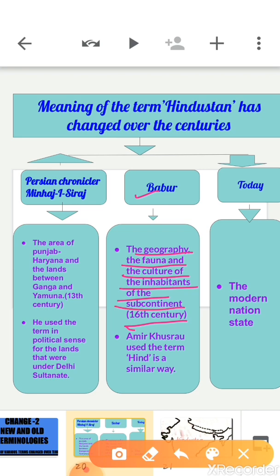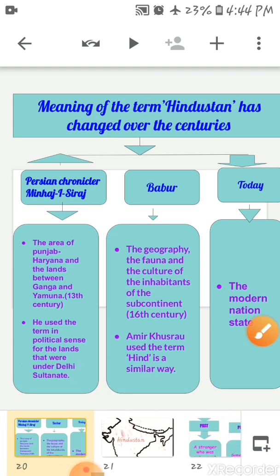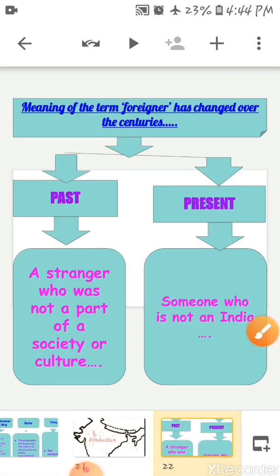And the same with Amir Khusro. Amir Khusro used the term Hind in a similar way to Babur. But at that time, this term did not have any political meaning as it has today. Clear?